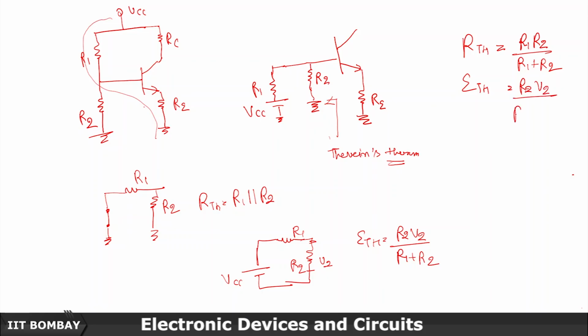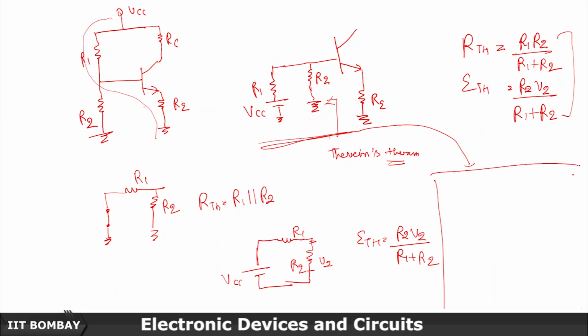So using this Thevenin theorem, I can draw the circuit, this loop basically, which will look something like this: I have a battery ETH, or whatever name you want to give it. This is grounded and this has a resistance RTH.